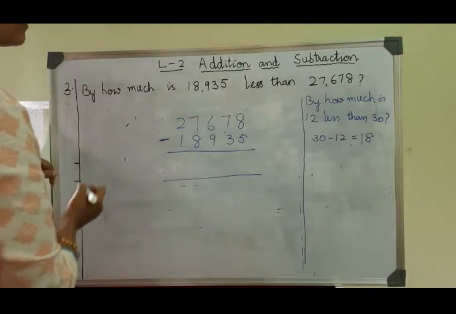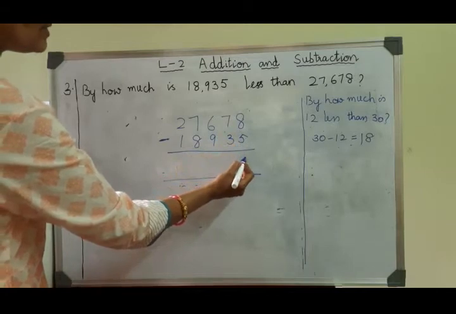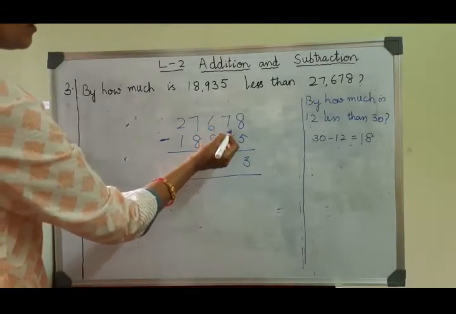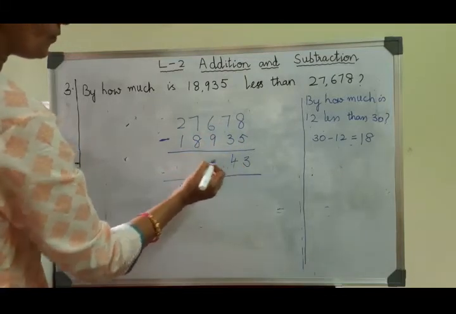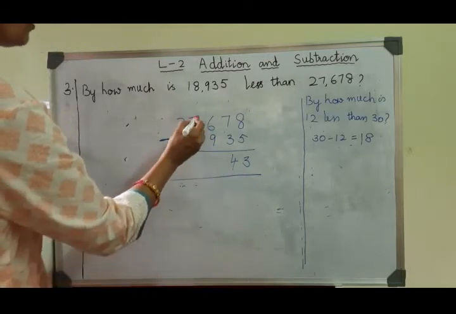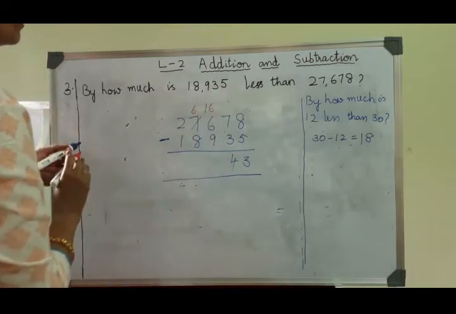Now you can subtract very easily. 5 from 8 is 3. Subtract 3 from 7, it is 4. Now you cannot subtract, so borrow. Here 7 will become 6, and it will become 16.